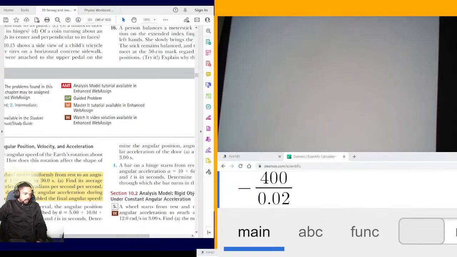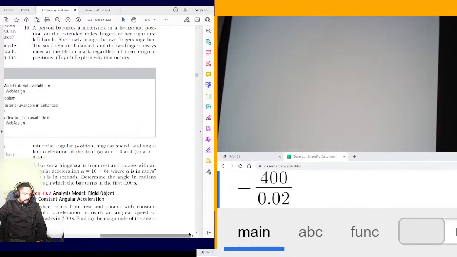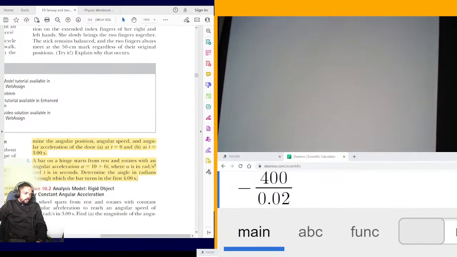Problem number 3. And problem number 4. I think you have done problem number 4 with one of the other tutors, I can't remember who, but I will do it again nonetheless.